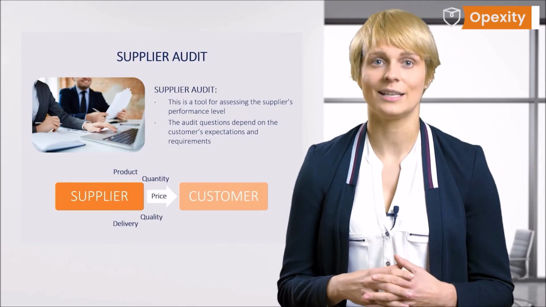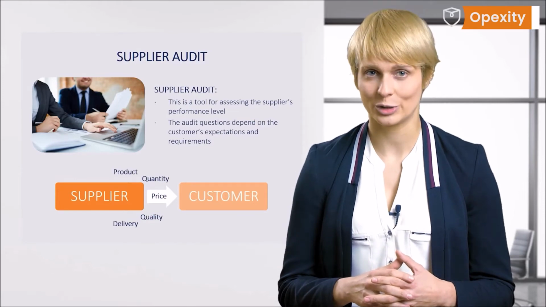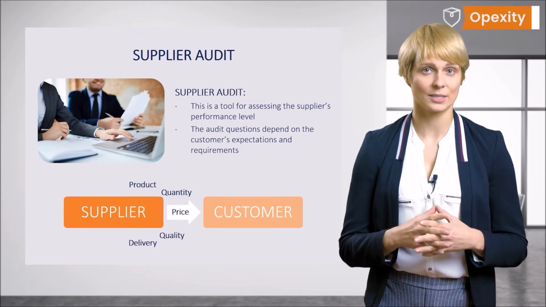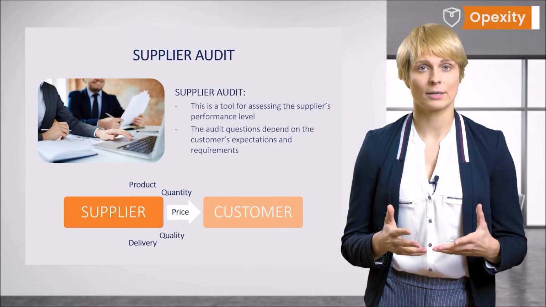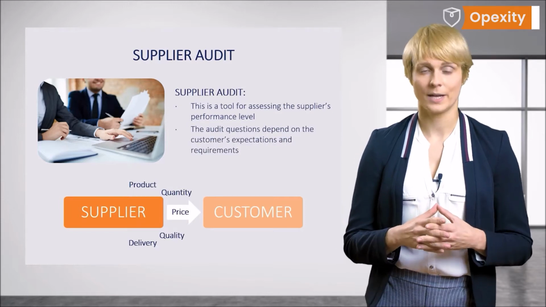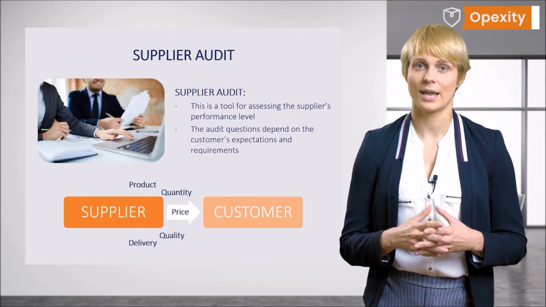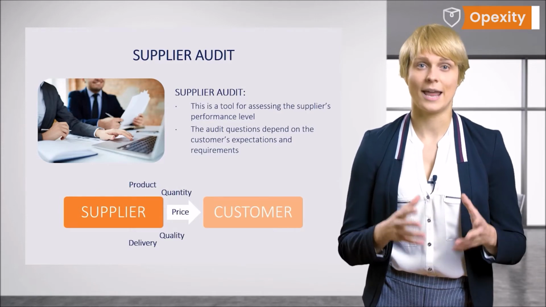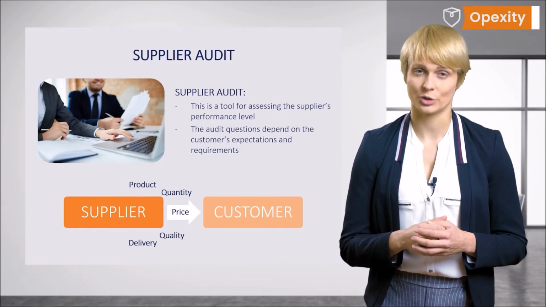The supplier audit is mainly used by quality managers and the purchasing department. The supplier audit is a customized tool, and its layout and areas subject to assessment fully depend on the customer. Other questions will be important in the food industry, still others in the electronics industry, and yet more in the aviation industry.